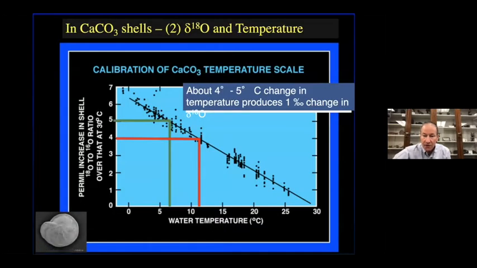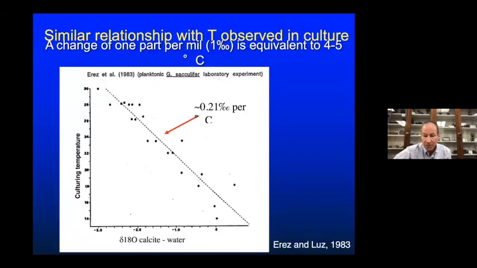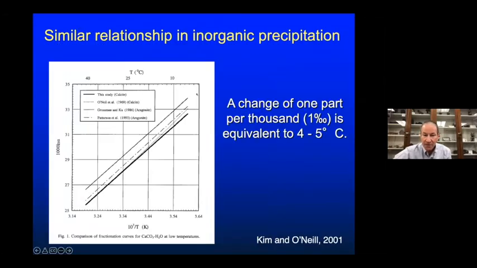It shows up here in the open ocean where the temperature is not controlled but is measured. It shows up in organic precipitation experiments. And excuse me, this is just arbitrarily plotted in the opposite direction, but the meaning is exactly the same.